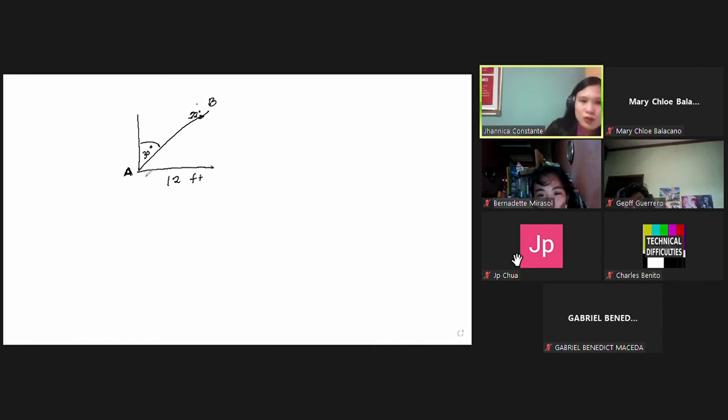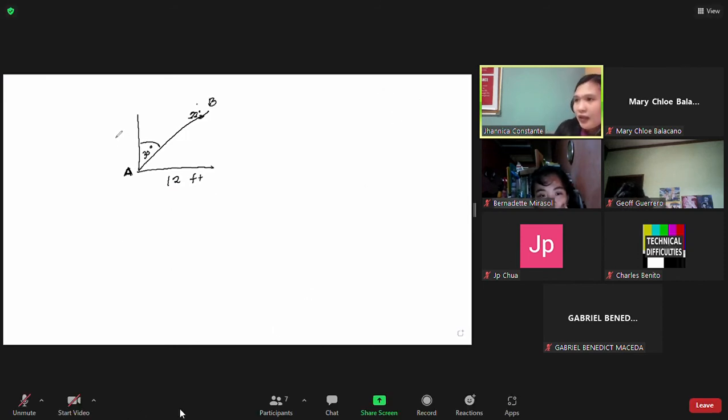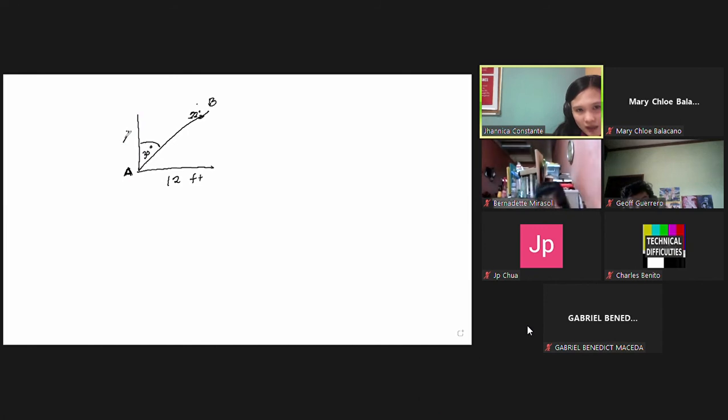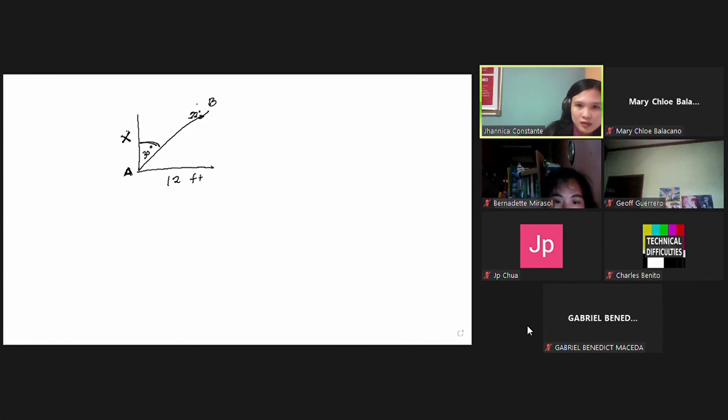So we're going to solve how tall the sculpture is to the nearest foot. That means we're going to solve for this one. Let's say this is x, the height of the sculpture from the woman who is looking at it. Since we have the angle of elevation, which is 30 degrees, and the angle of depression, which is 22 degrees, we can use either one.